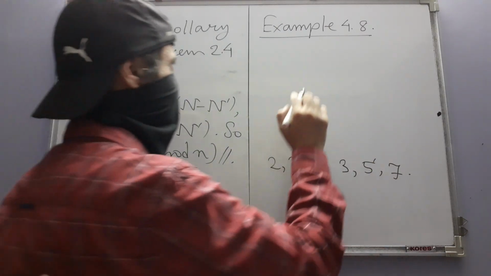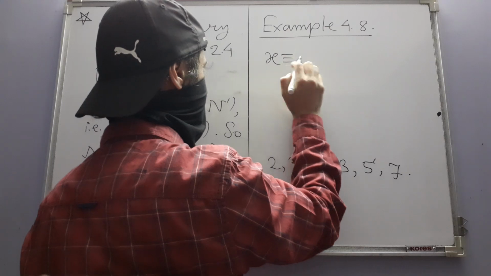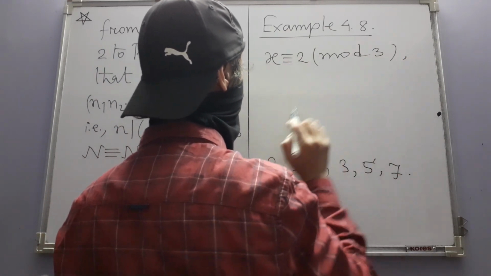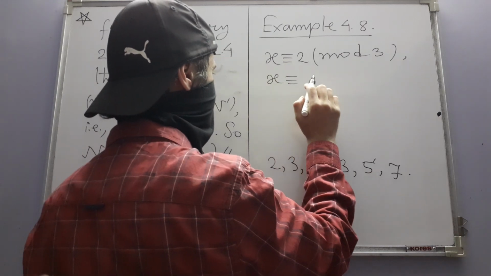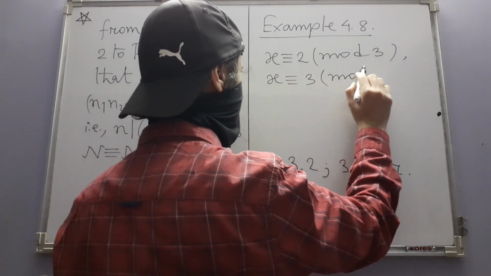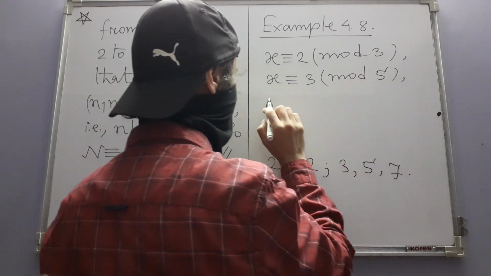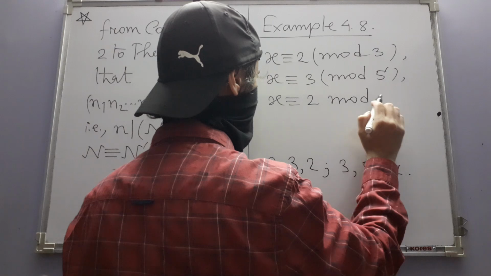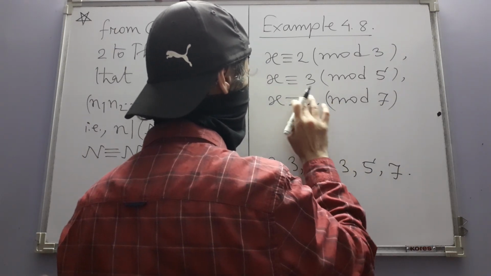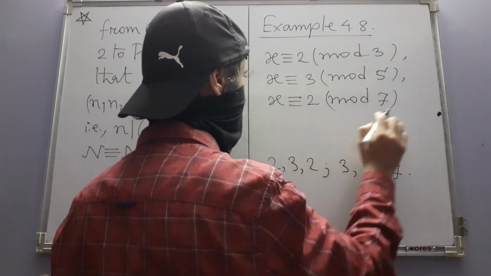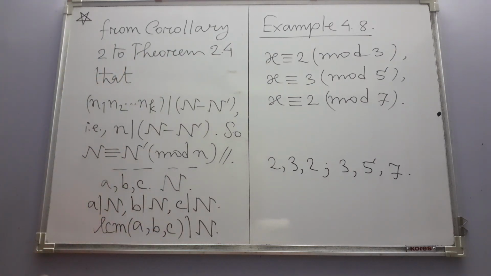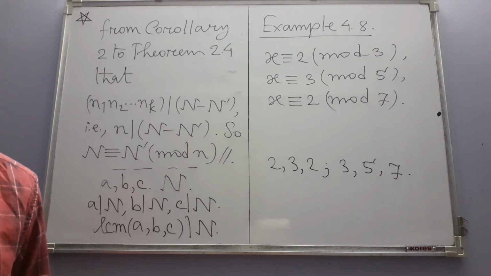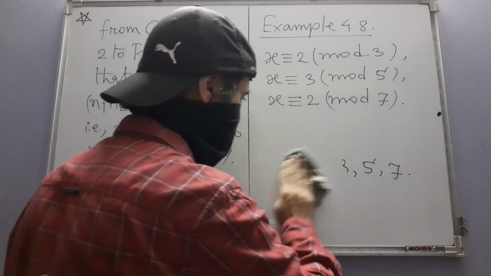And that means finding an integer x that is congruent to 2 mod 3, that is also congruent to 3 modulo 5 and again 2 mod 7. These three congruences. So you just follow the proof of the theorem that we did just now.